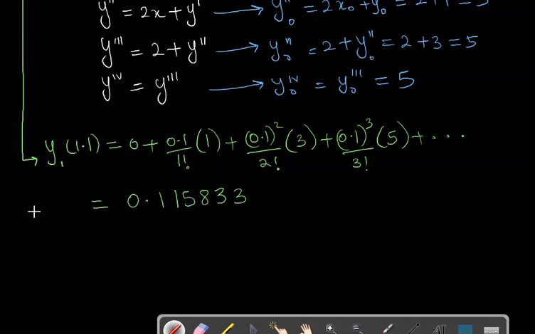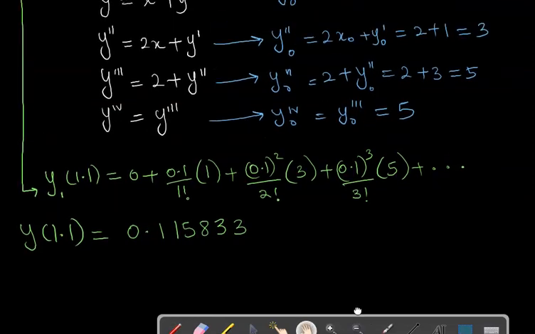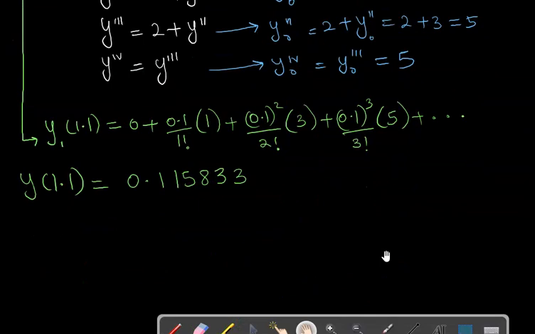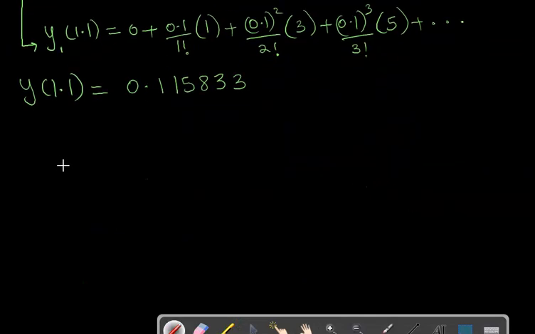So the first value we got here is this. That means this is the first value that we want to get. Now we need to get the second one. The second value is when n is equal to 1. So that will give us y1 plus h over 1 factorial y prime, h squared over 2 factorial, and so on.